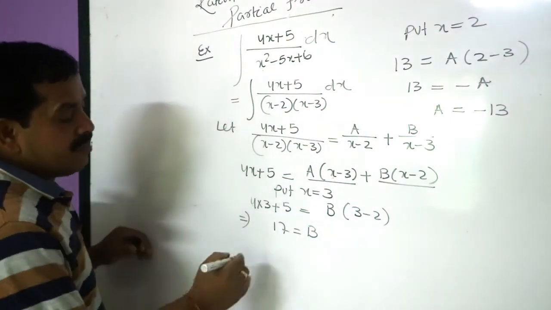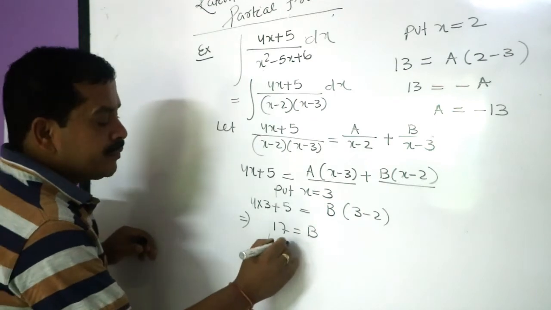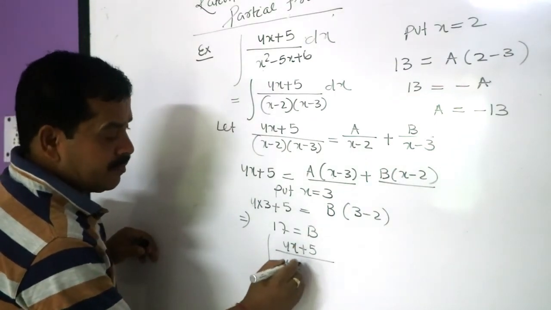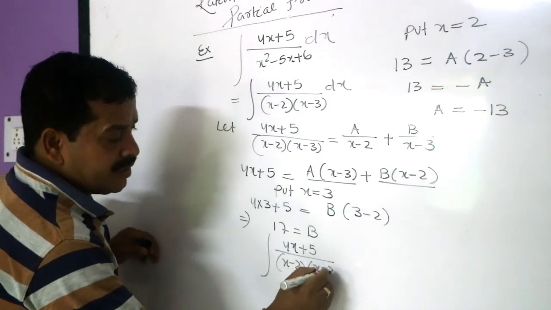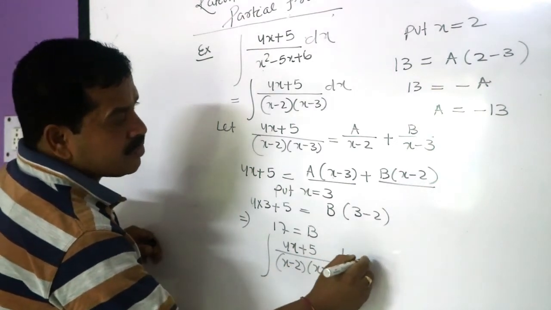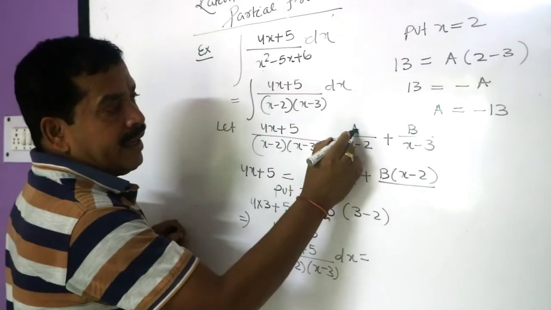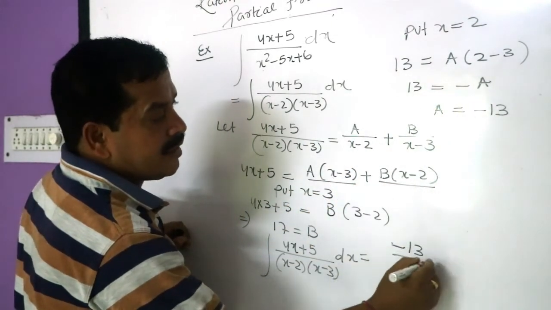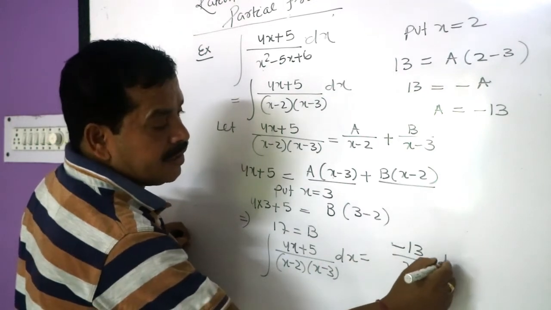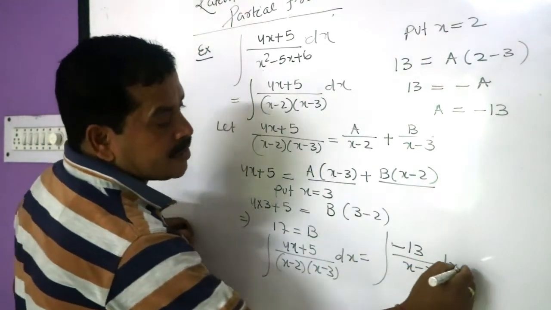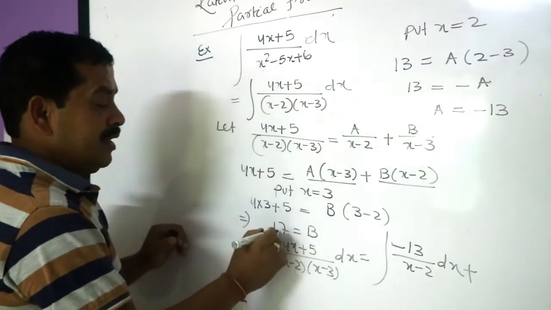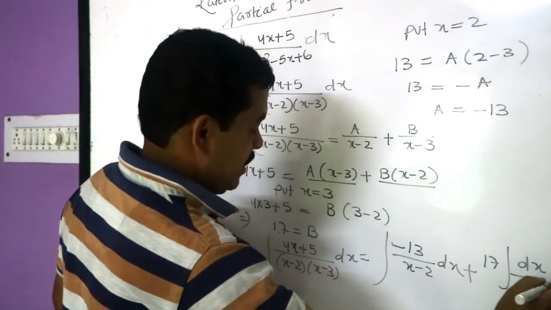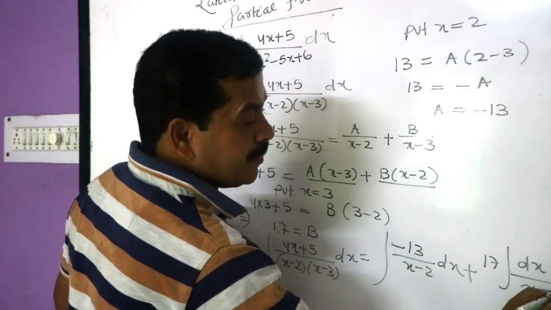Now the integration becomes integral of 4x plus 5 by x minus 2 into x minus 3 dx equals, instead of a we take minus 13 by x minus 2 dx plus b, here 17 dx by x minus 3.